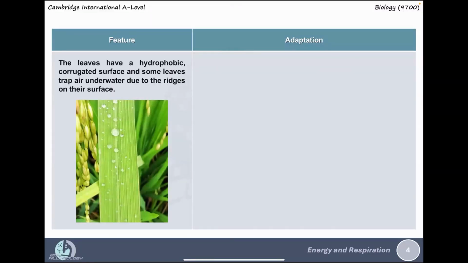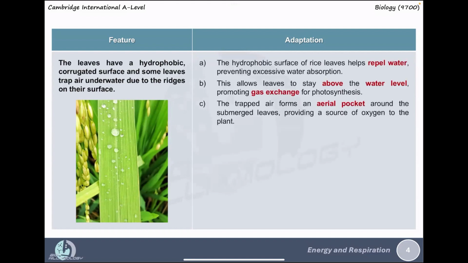Third, the leaf has a hydrophobic corrugated surface, and some leaves trap air underwater due to the ridges on their surface. If you look, the surface is not flat and smooth. They form ridges, or what we call protrusions. The hydrophobic surface of the rice leaf helps repel water, preventing excessive water absorption.